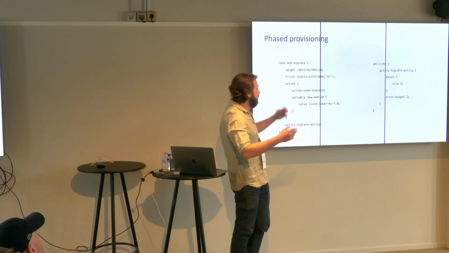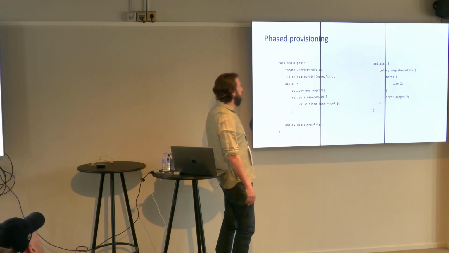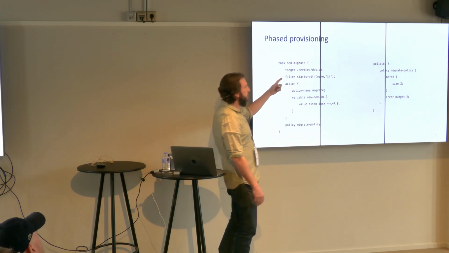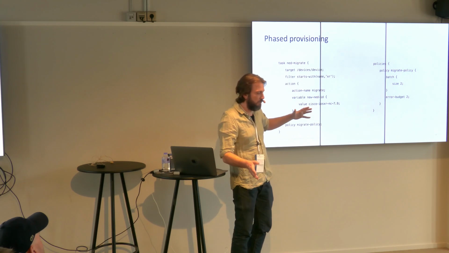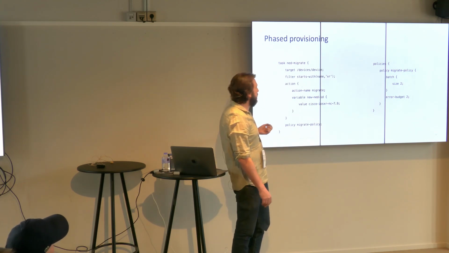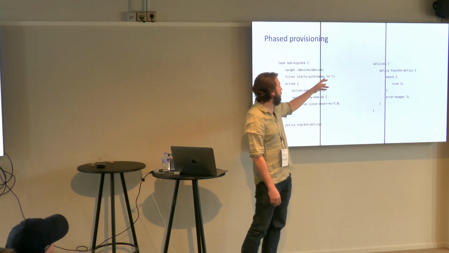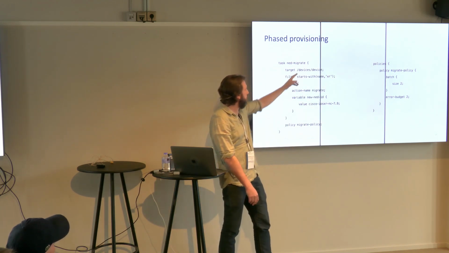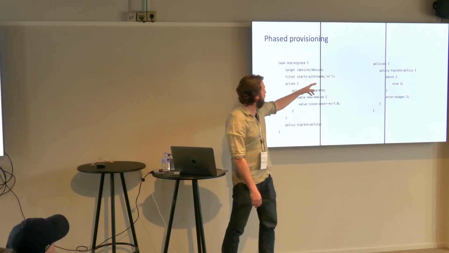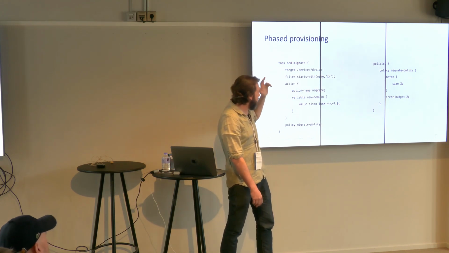This is where the action is run. I have a filter on which devices to run it with. In my demo setup here, not strictly needed, but it's neat. So everything that starts with XR is my target devices. Something under devices device starts with XR.